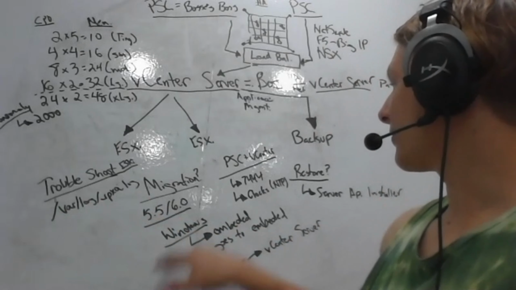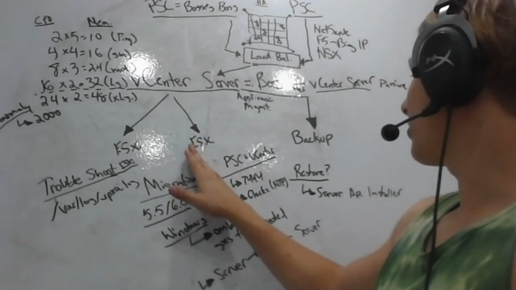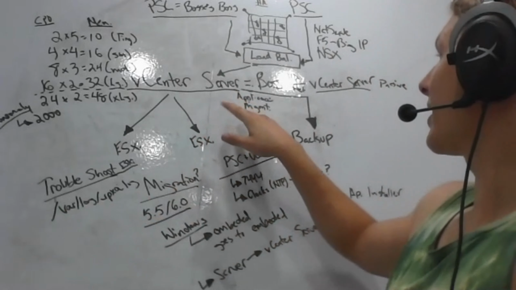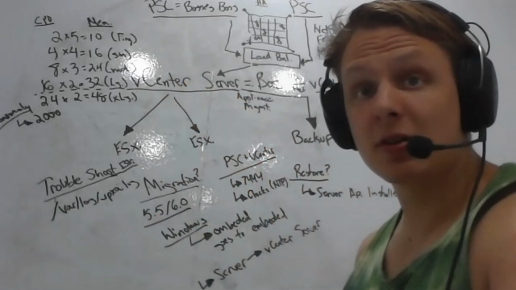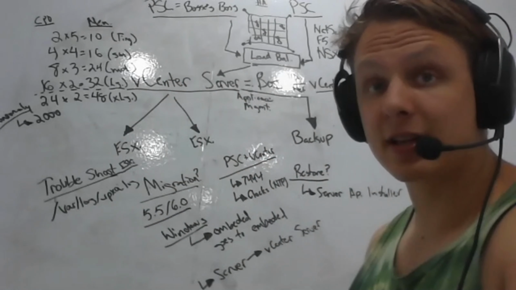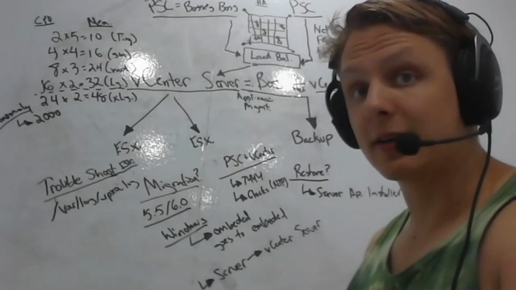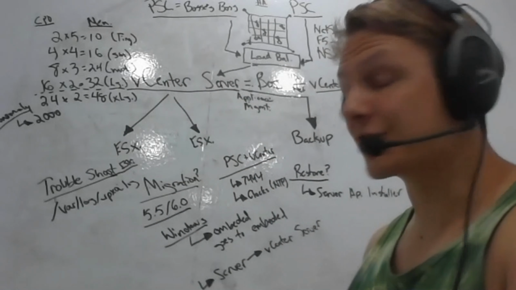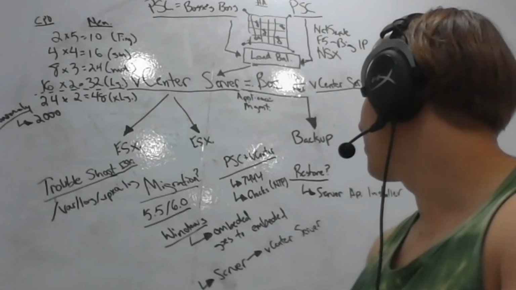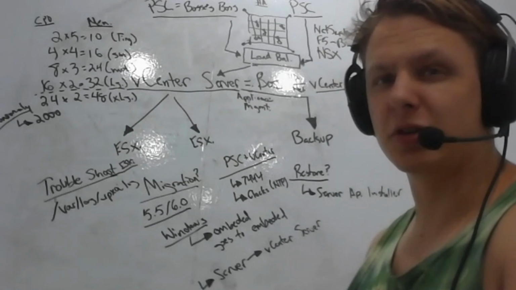Now, another important thing, they're going to look for questions around the backup. To start your backup, you would have to assume that you're going to log into your vCenter server. You're going to log into your boss. You're going to say, all right, back up all this information. And then you're going to point it to whatever protocol you choose.